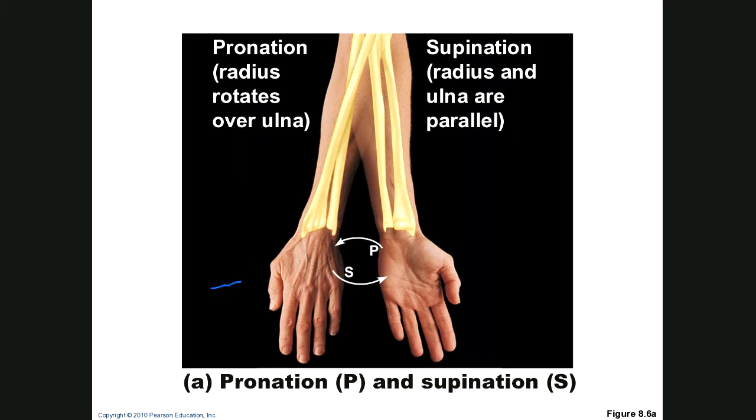The radius rotates over the ulna. When it's in a state of supination, the radius and ulna are parallel. Just think about when you supinate your hand, it will hold soup. If, on the other hand, you pronate it, all the soup falls out. So you wouldn't want to do that. So supination holds soup. Pronation does not.